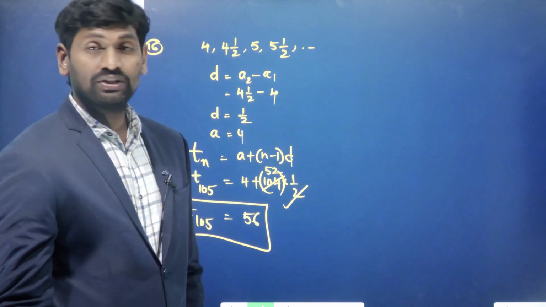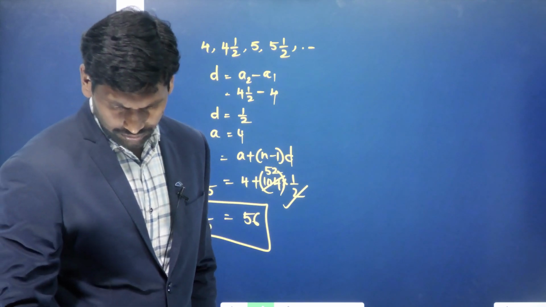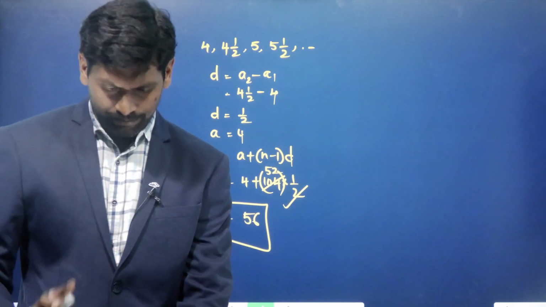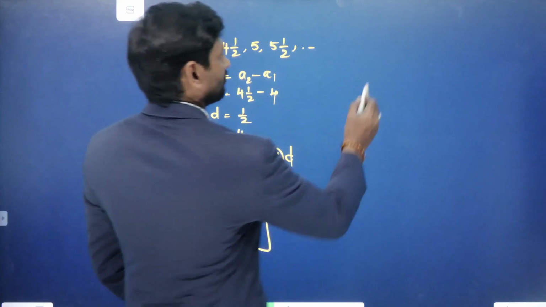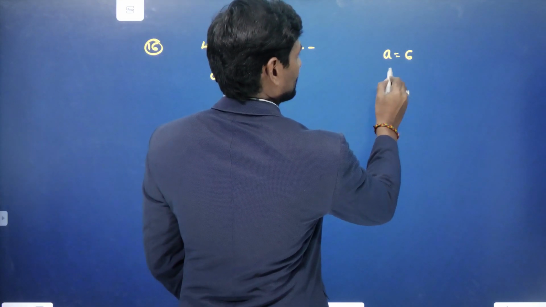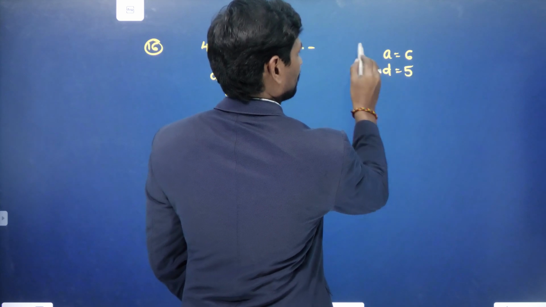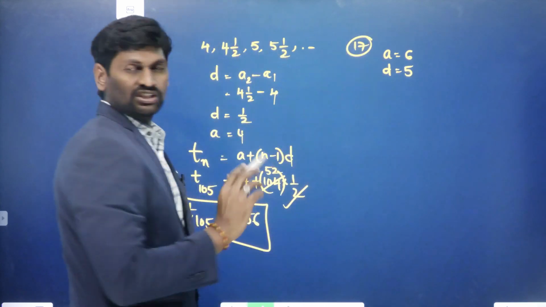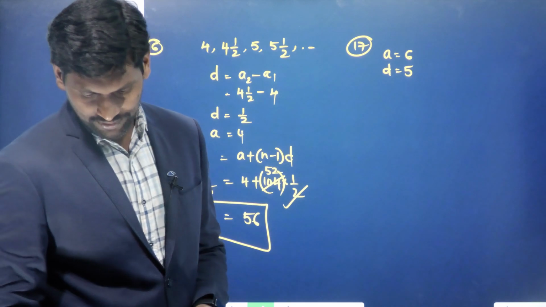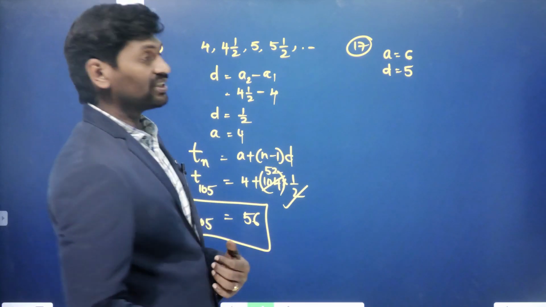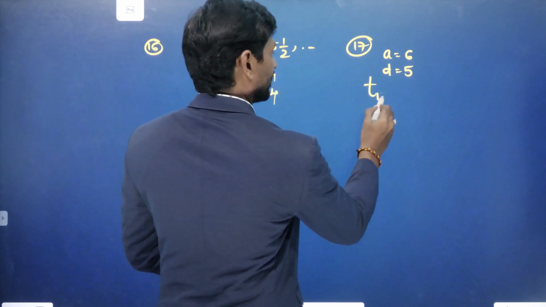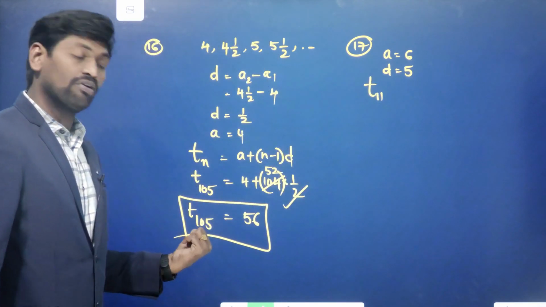Now we are going to the next problem. If the first term of an AP is 6 and its common difference is 5. First term of AP is 6, common difference is 5. So first term and common difference we got. Then the 11th term, same like the 105th term, how do we find?